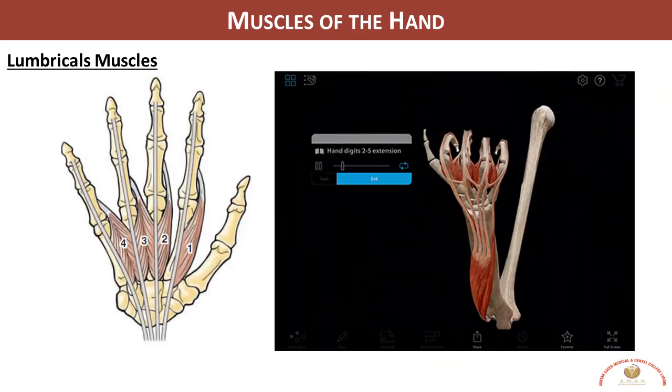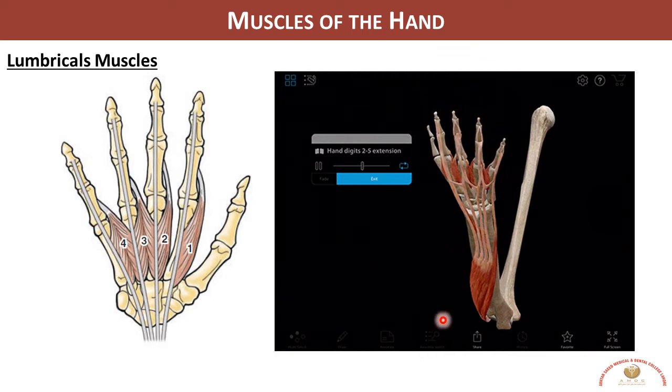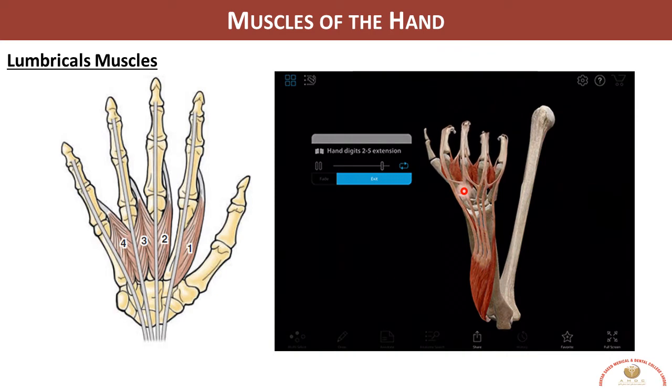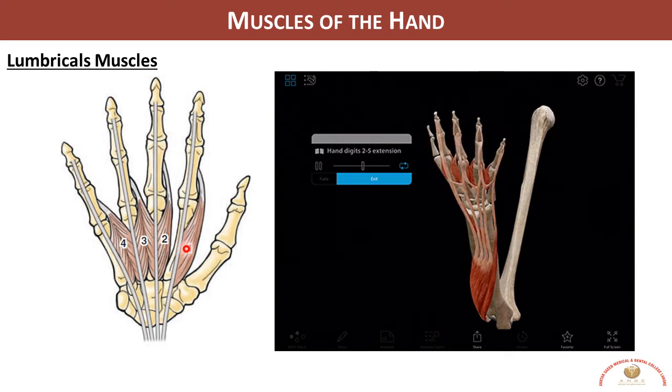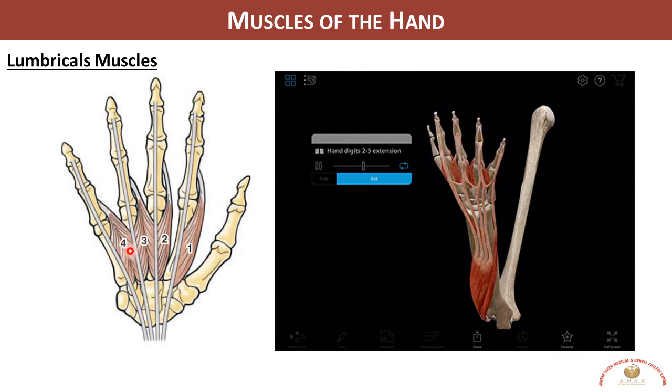Now you can see here a small video of the movement of the lumbricals, how they move the hand and how important they are. You can see again in this picture the first and second lumbricals coming from the lateral two tendons of the flexor digitorum profundus, and the third and fourth lumbricals coming from the medial three tendons, because they come from both sides.